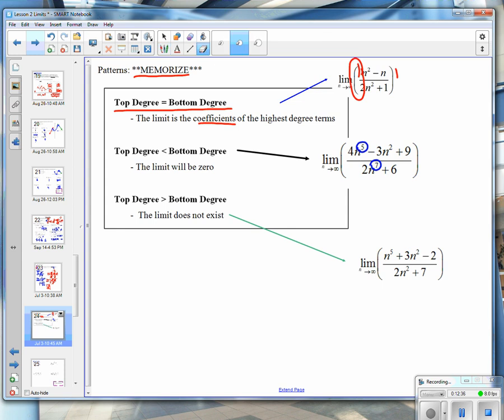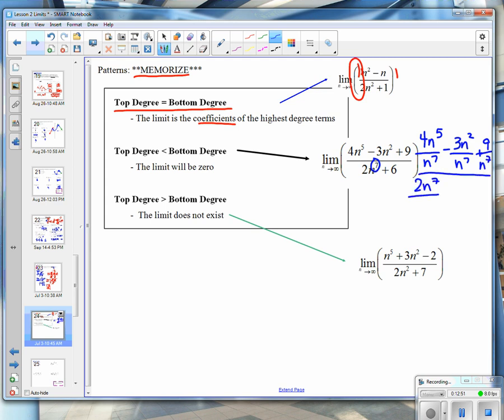Well, if we look at it the long way, I know my highest power is the 7, so that's going to be 4n^5 over n^7 minus 3n squared over n^7 plus 9 over n^7, over 2n^7 over n^7 plus 6 over n^7. Now again, if I think ahead a little bit, now you guys should start to be thinking, okay, how are these patterns actually working? You know that you're going to end up with an n on the bottom of this first one, right?